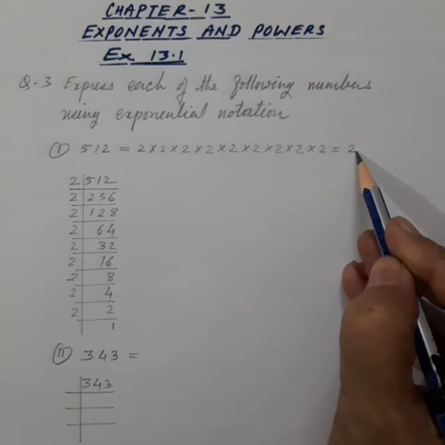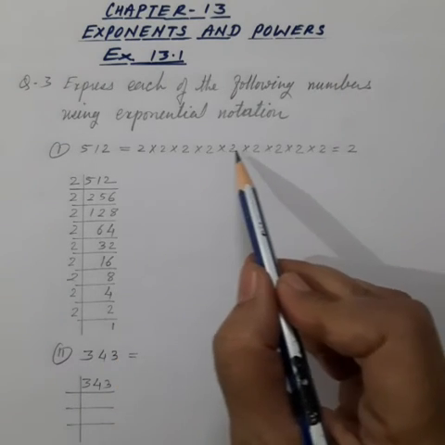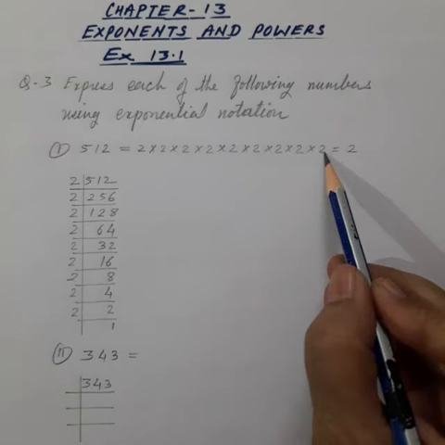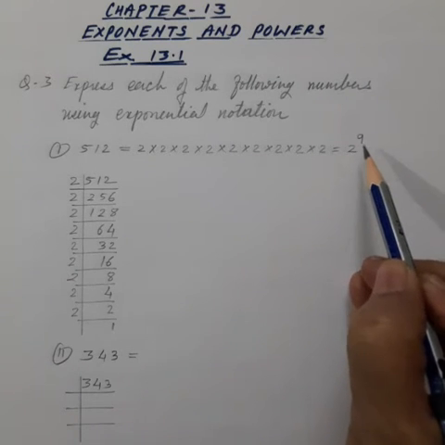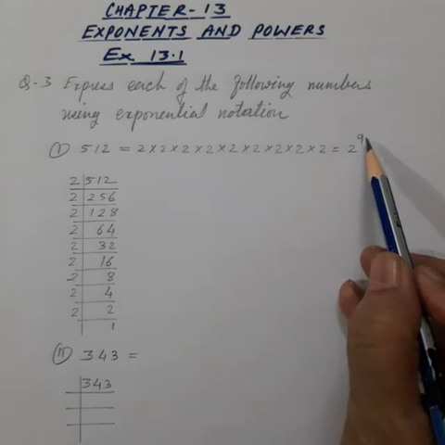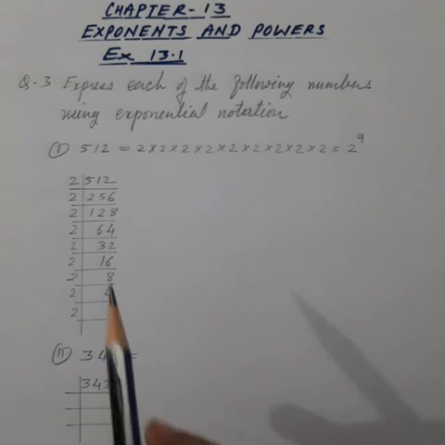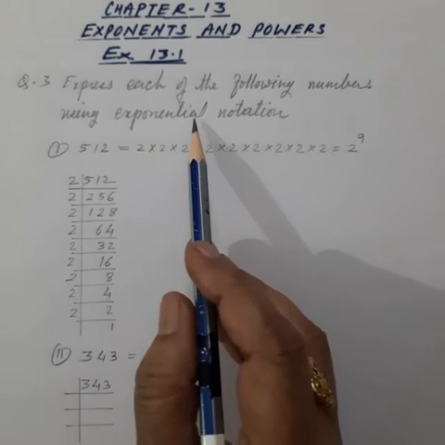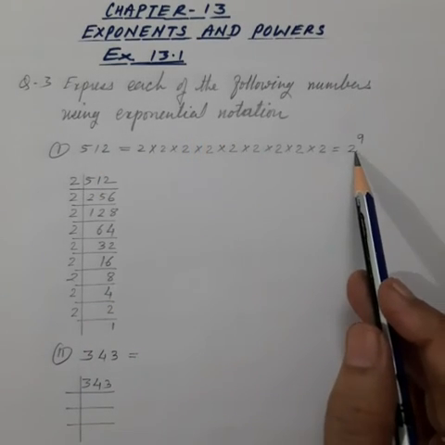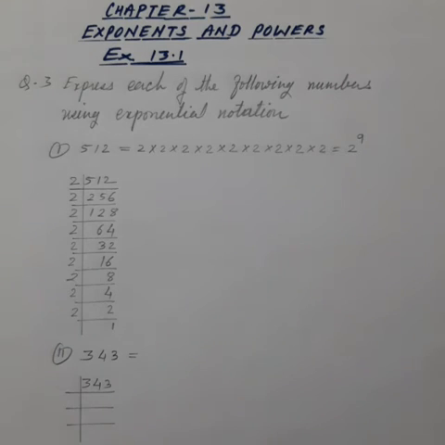So base is 2 and number 2 is repeatedly multiplied by itself 9 times. So power is 9. 2 raised to the power 9. So 512 we can write using exponential notation as 2 raised to the power 9.